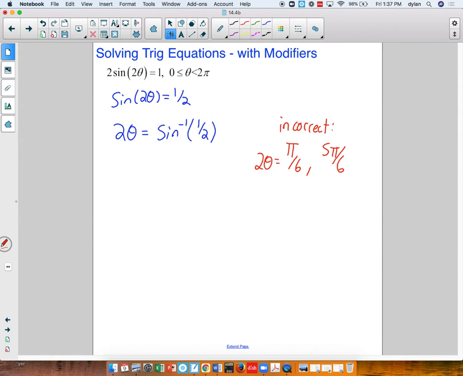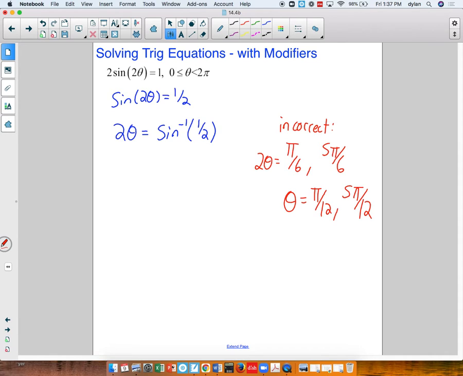And then we would divide both sides by 2. We would get theta equals pi over 12 and 5 pi over 12. And the issue here is that if you think about this, both of these answers are correct, but they only cover a small fraction of the unit circle.